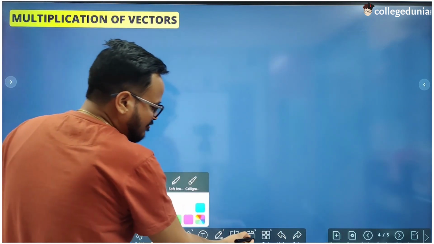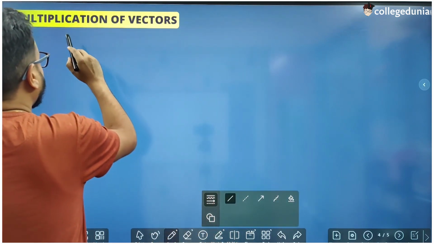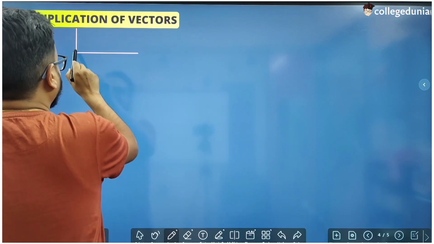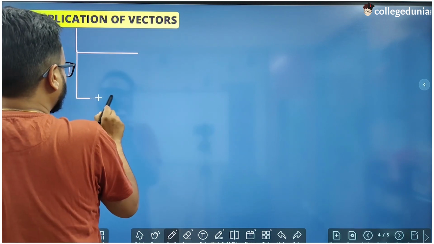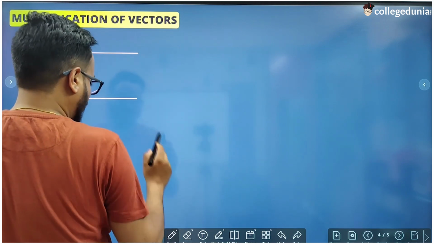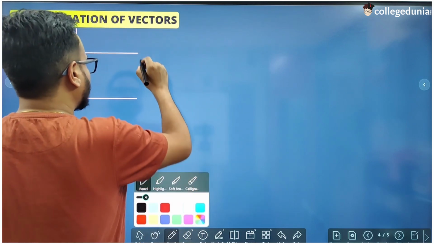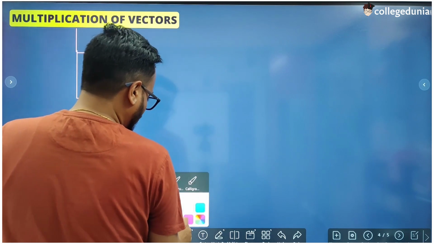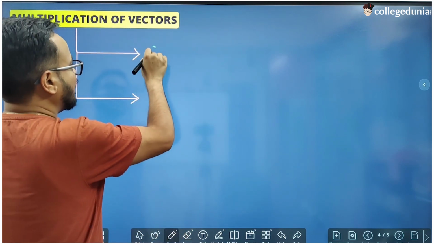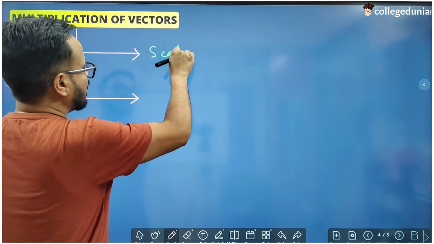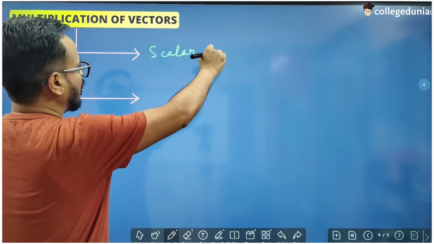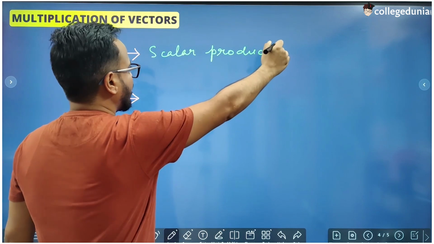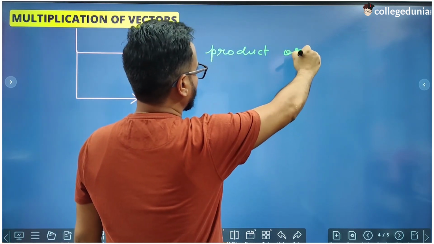But main things first, multiplication of vectors is of two types. First one is called the scalar product, or it is also called the dot product.